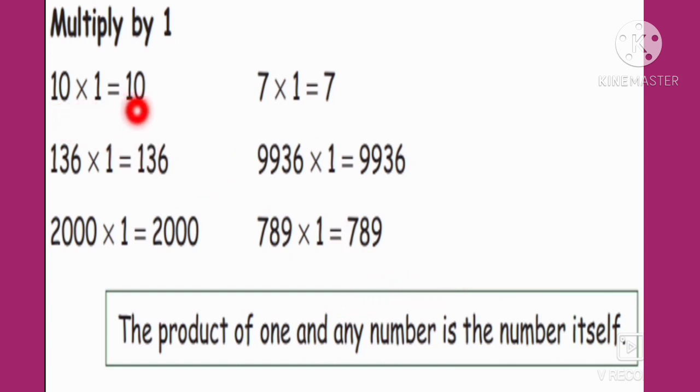So 10 into 1 gives again 10. 136 into 1 is also 136. 2000 into 1 is 2000. 7 into 1 is 7. 9936 into 1 is the same number itself, 9936. 789 into 1 gives the number itself, 789. So it is very important: the product of 1 and any number is the number itself.